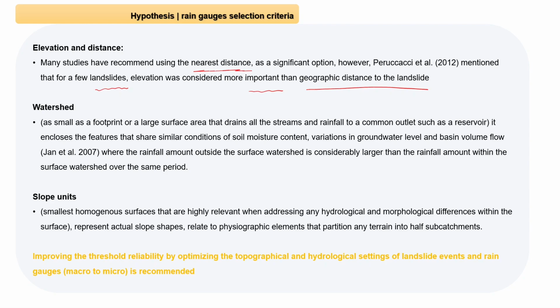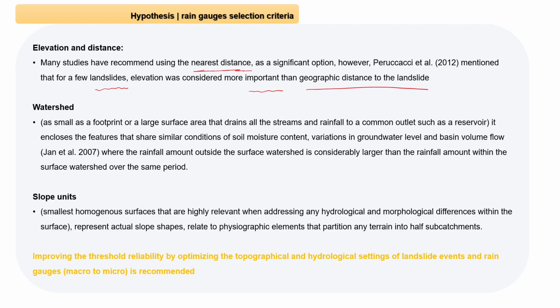2007, where the rainfall amount outside the watershed is considerably larger than the rainfall amount within this watershed over the same period. And it's also logical, because if you have two watersheds and they have a rainfall event at the same time, you never expect a similar amount of rainfall on the two watersheds.